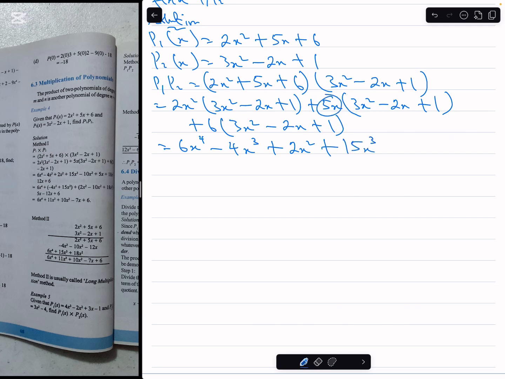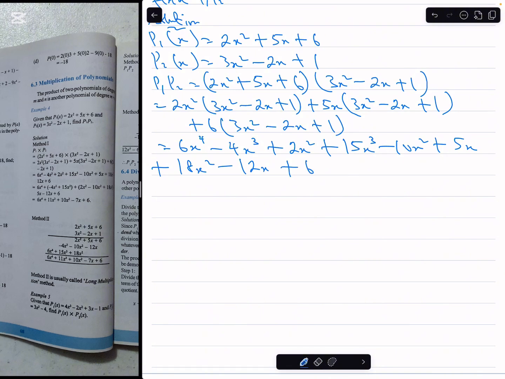And now 5x times minus 2x, that's minus 10x squared. The next one is 5x times 1, which is 5x. And here we have plus 6 times 3x squared, that's 18x squared. 6 times minus 2x, that's minus 12x. And the next one is 6 times 1, that's 6.